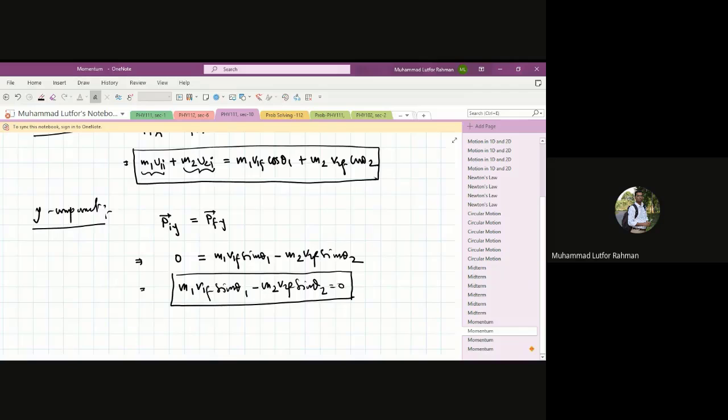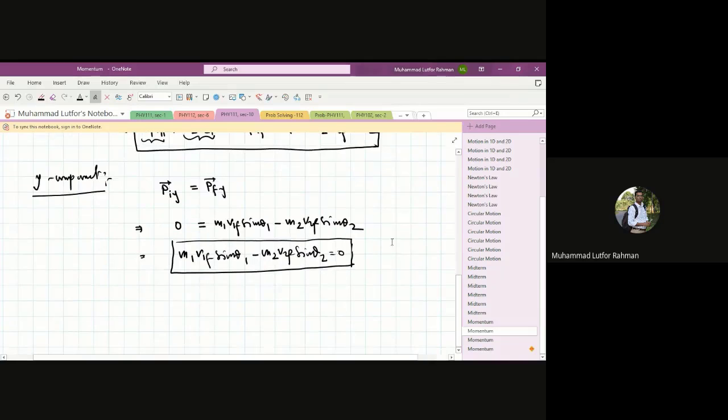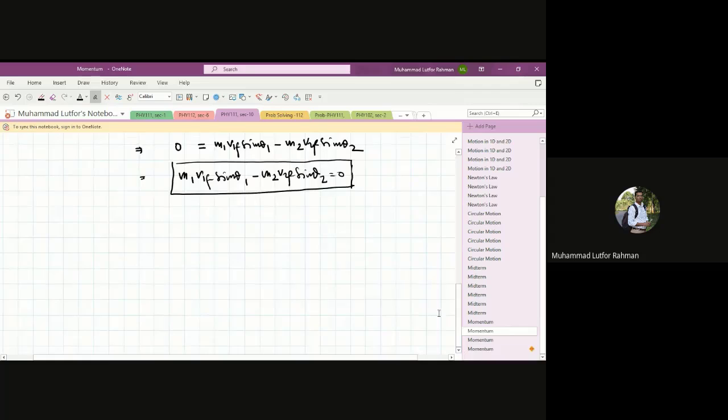Say, for example, I'm going to give you an example over here. I have a stationary shell which explodes. The mass of this shell is, say, 4 kg. After it explodes, it has 3 fragments that move in 3 different directions.